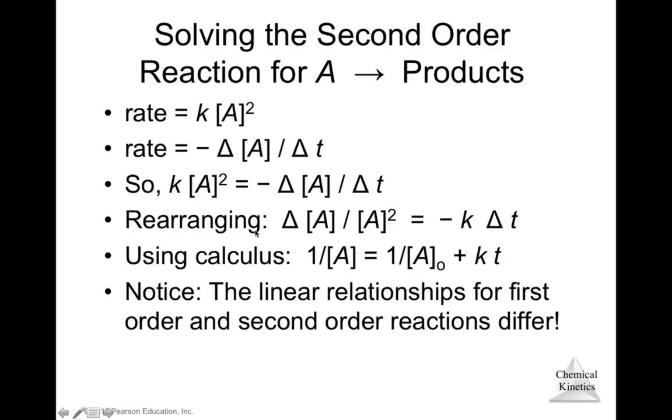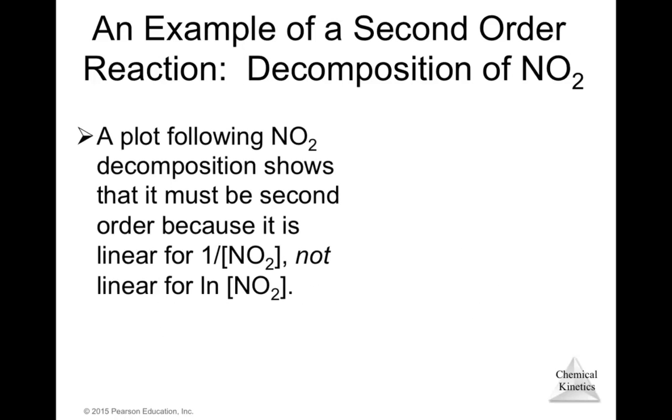This is also an expression similar to the first order in the sense that we have the expression of a line. But in this one we have the inverse of the concentration, while in the first order reaction we have the natural logarithm. Those are the differences between these two expressions. For the first order, we use the natural logarithm. For the second order, we use the inverse of the concentration.